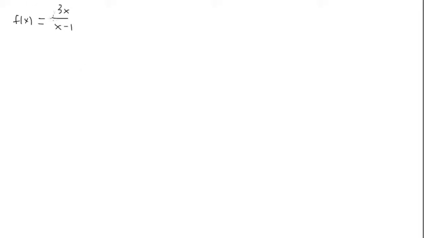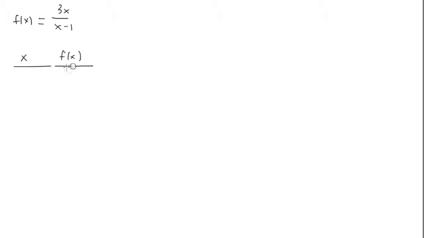Now we might look at this and say, okay, well we clearly have a problem when x equals 1. We've already done that stuff before, but what's the behavior when x gets really, really close to 1? So let's write some numbers down. We'll plug in some x's into the function, and we're going to get out some f of x's.